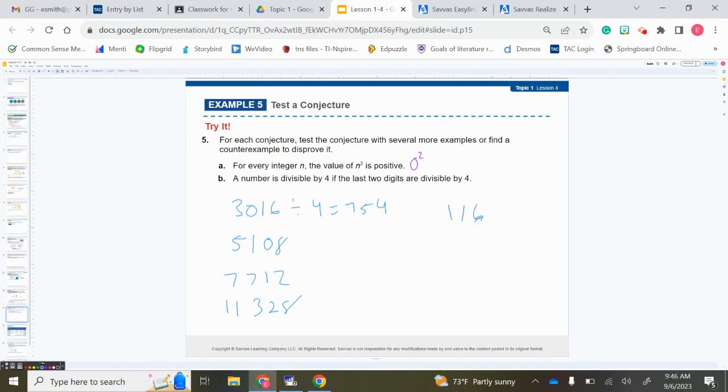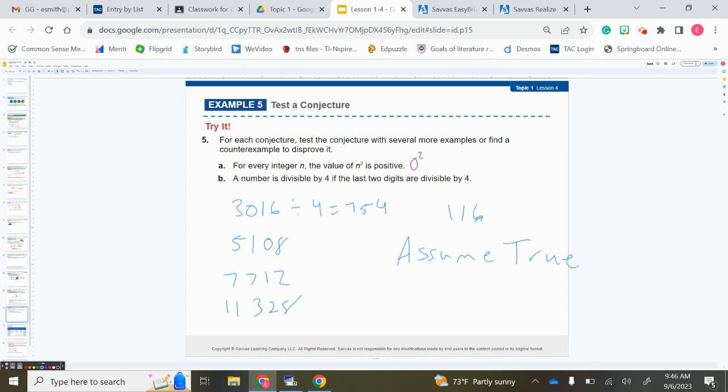But can we do it for every possible example? No. So we can assume it's true, and that's only because we couldn't find a counterexample. Questions on this so far?